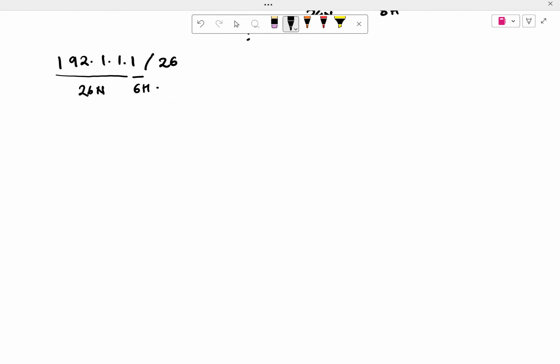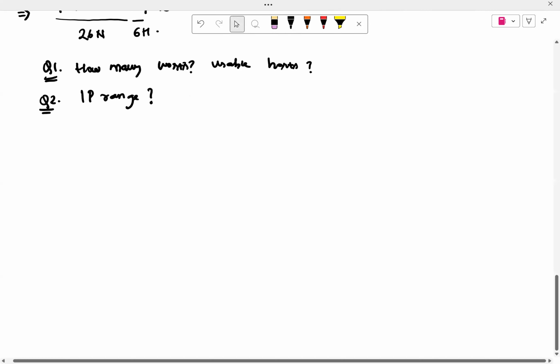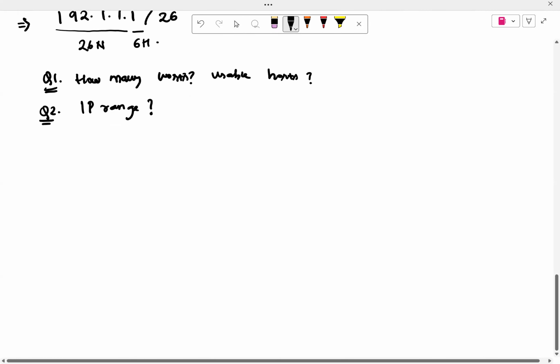Let's say this is the IP address. Questions I can ask: first, how many hosts are there, and how many usable hosts are there. Question 2 can be the IP range: what is the IP range of this network?